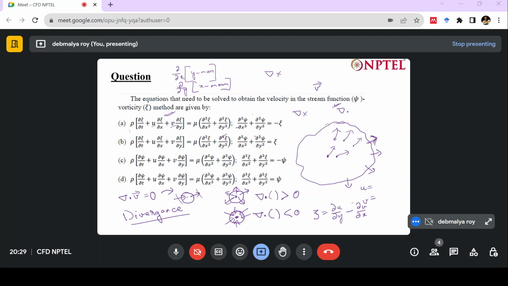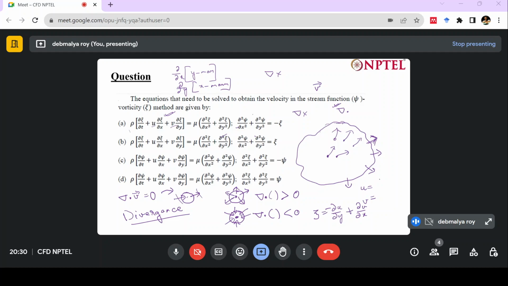So we can use this particular definition to find this out.